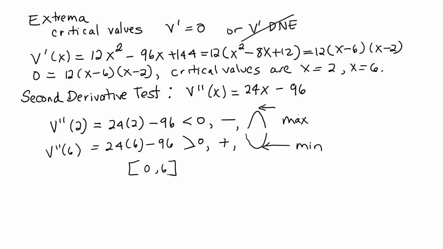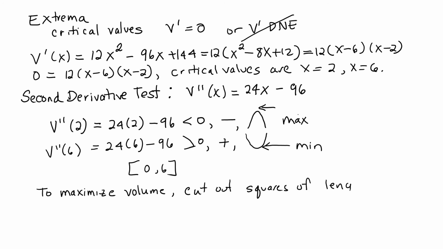And we see that if you compute at 0, you get a volume of 0. And if you compute at 6, the length and the width both go to 0, which will also give you a 0 volume. And that would be the minimum volume you can have. We want the max. We write: to maximize volume, cut out squares of length 2 inches from the 4 corners.